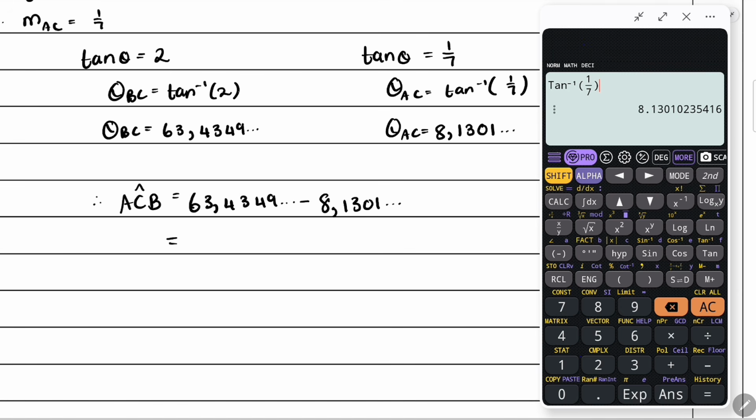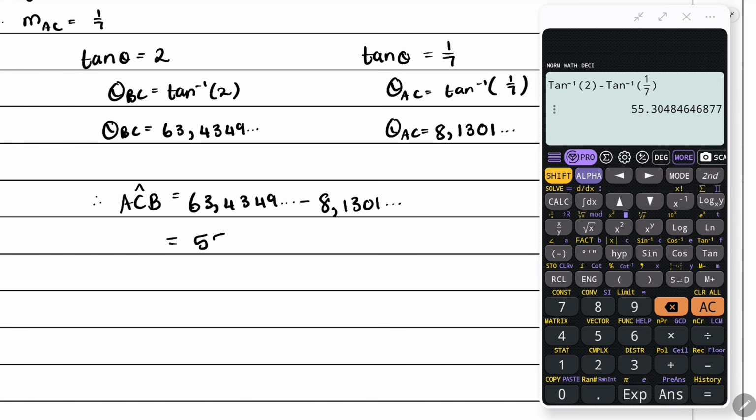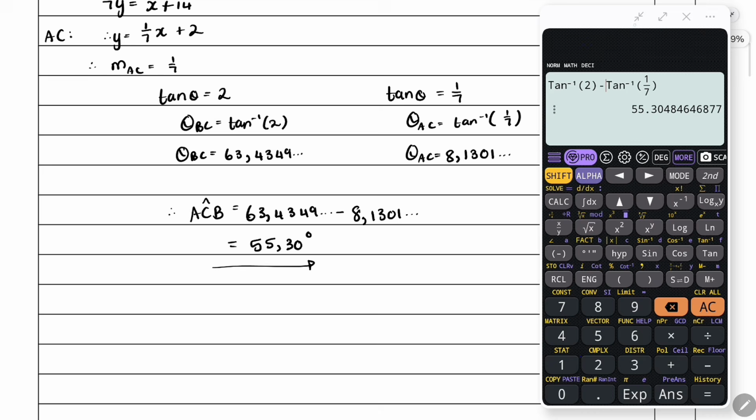On your calculator, you can simply go shift tan of 2 to get that angle of inclination, and just say minus that. Our answer is finally 55 point, and you see that's going to round down. So it's going to be 0.30 degrees, and that is the size of ACB.